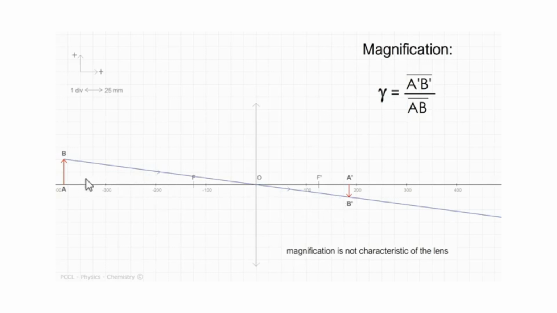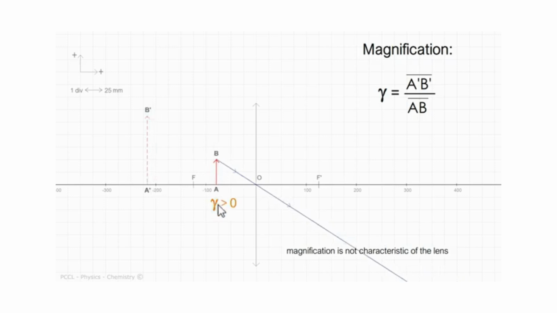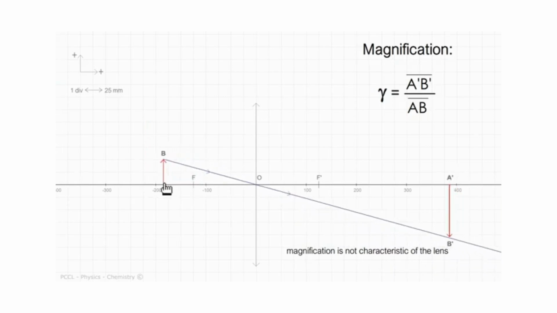Here's even a fourth, positive, when the image is virtual. This is the case with a magnifying glass, a microscope, a refracting telescope or corrective lenses. There is actually an infinity of magnifications.